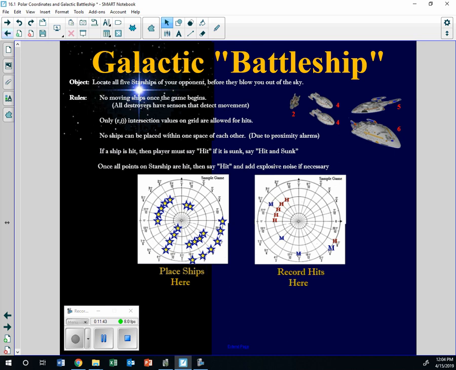So we're going to start with 1, 2 ship, that's the 2 spots. So somewhere you're going to put a star next to a star, and it could be on the same angle or on the same radius. Either one is fine. Can't snake around like that. It's just got to be in a row.